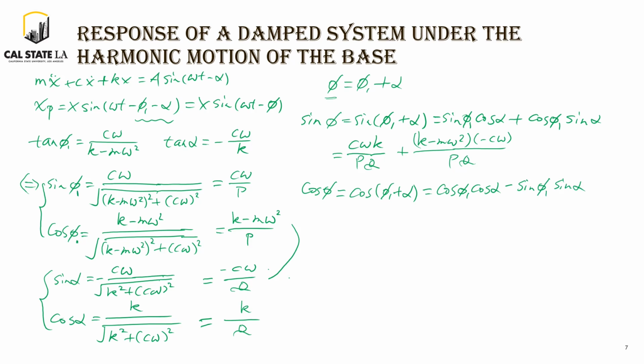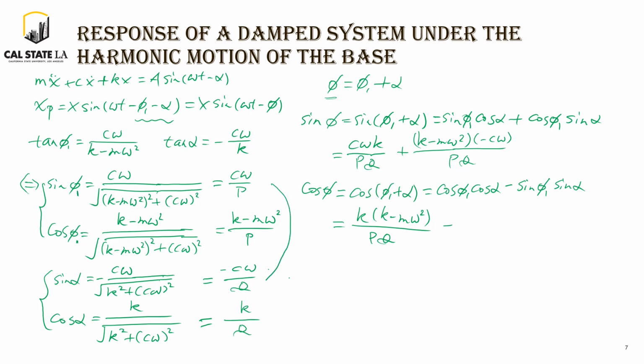So we do the same thing. We bend that. So the first term is cosine, cosine. So the cosine times cosine will be k times (k minus m omega squared) over PQ, minus sine phi 1 sine alpha, two sine terms, which are these two terms.